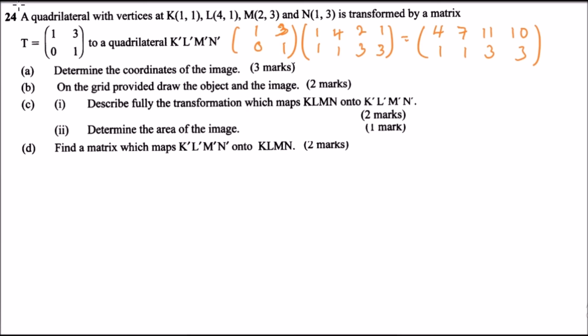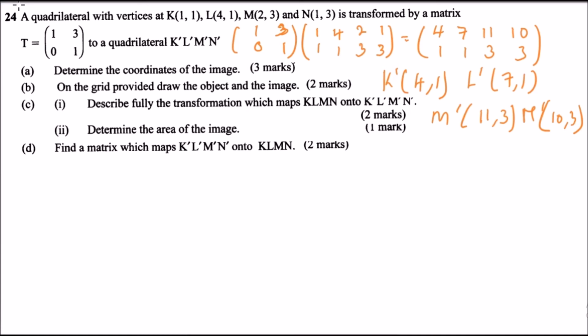So this means that our K prime is 4, 1, L prime is 7, 1, M prime is 11, 3, and finally N prime is 10, 3.